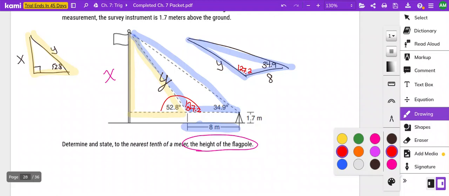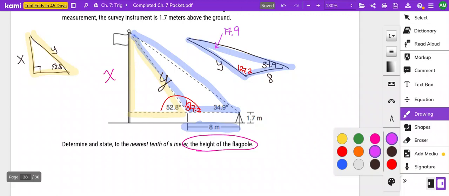Then I can find this angle up top. To find that angle, I'm going to take that 127.2, add 34.9, and subtract from 180. And I get 17.9.